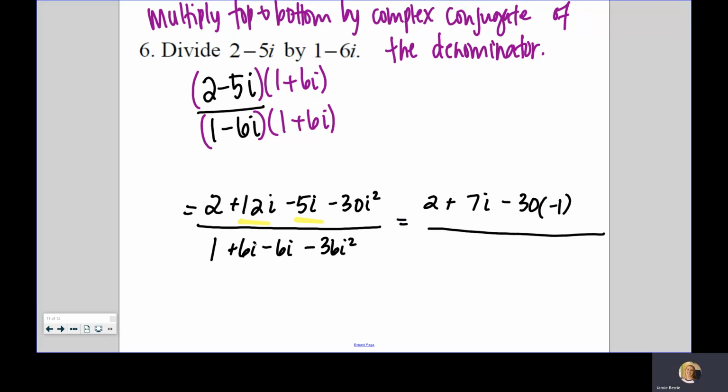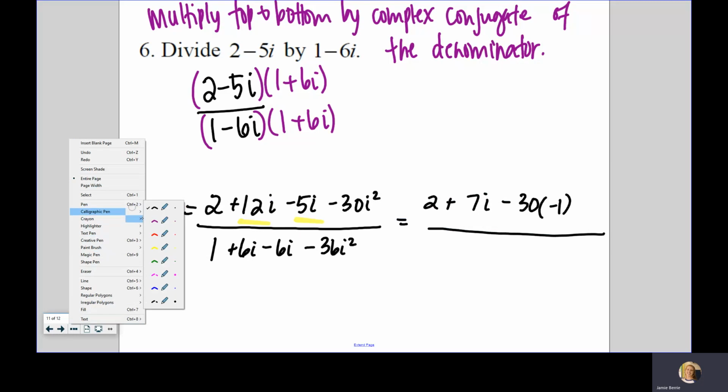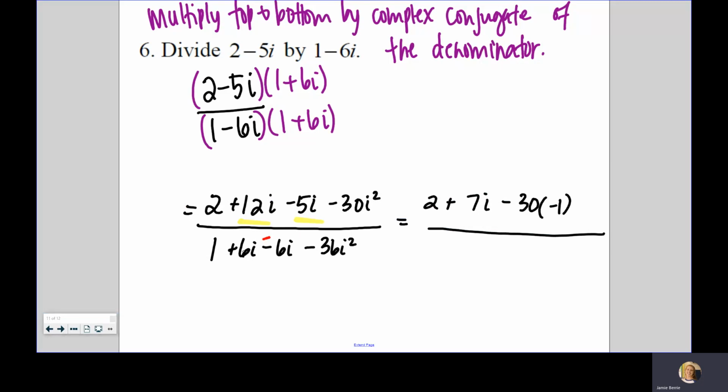All over, in the middle here, notice how the middle terms cancel, 6i minus 6i. That should always happen in the bottom. And then we know that i squared is equal to negative 1, so that'll be 1 minus 36 times negative 1. Okay, so this is going to be 2 plus 7i plus 30 over 1 plus 36.